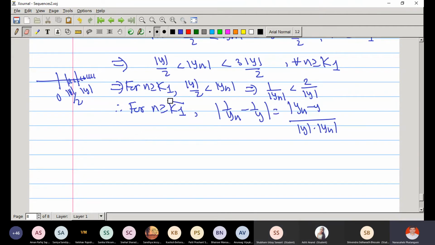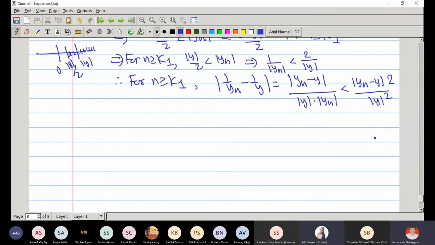So okay, then now I am choosing n greater equal k1. So what? Can I say that this is less than what? Divided by 2, 2 upon y square. Yes, sir. Correct? Okay.